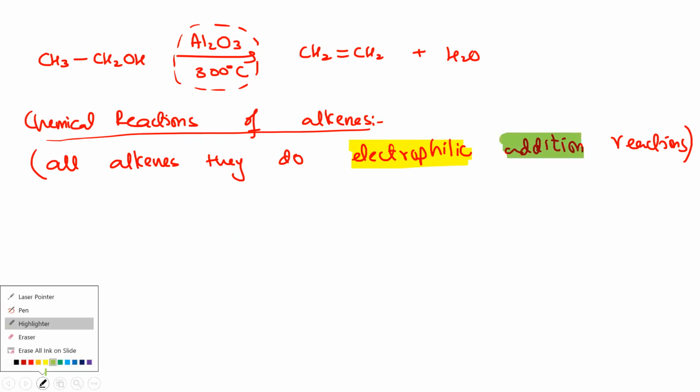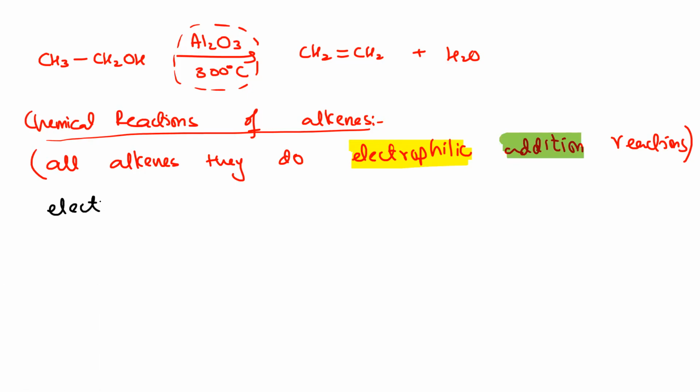So now I want you to tell me, what do you understand by electrophile? What is an electrophile in your understanding? Just explain it to me, don't define it. Is it when it accepts electrons, like attracted to electrons, something like this? Right, so an electrophile is any species that loves an electron.